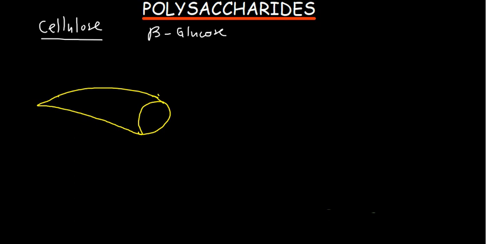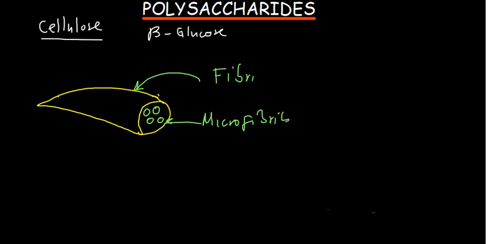Inside you have got small ones like that. These you are able to see inside here are what we call microfibrils, when the cellulose molecules are together. And then those microfibrils, when a lot of them come together, they are going to form a fibril, which is a macrofibril. So this is how they are.